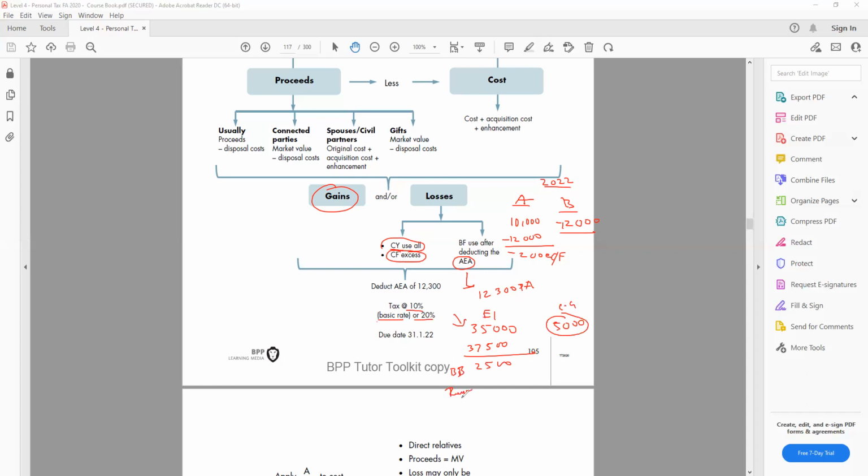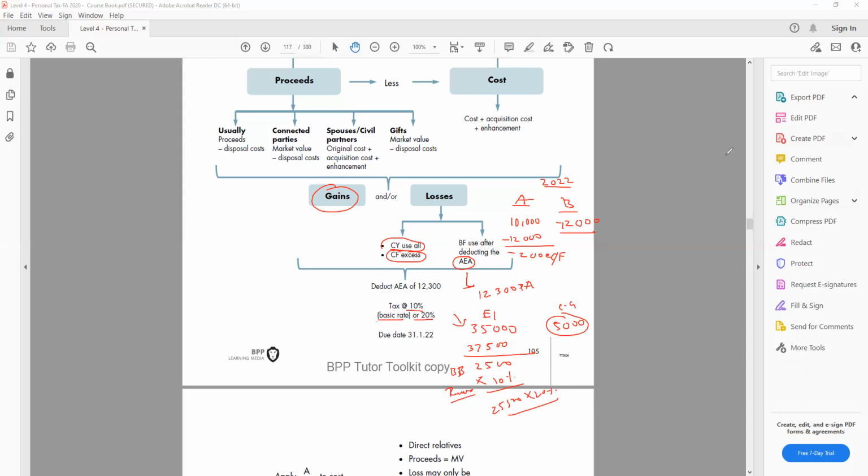So for that reason, up to 2,500, the capital gain tax rate will be 10%, and the rest of the 2,500 will be 20%. So you have to be very careful with that. In the exam, you will find income between the basic band and the higher band.